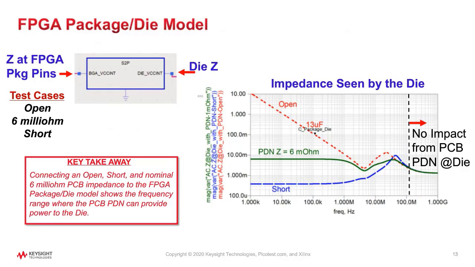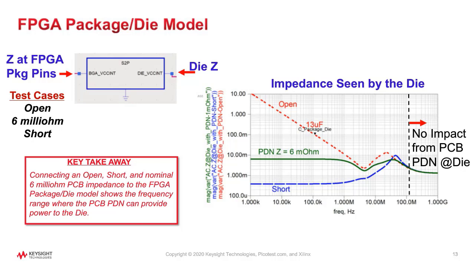Next, let's take a look at the package die behavioral model provided by the vendor as a simple two-port S parameter. This model captures the impedance behavior of the package and die power delivery network, making it possible to see the impedance at the aggregate of the package power and ground pins and at the die.